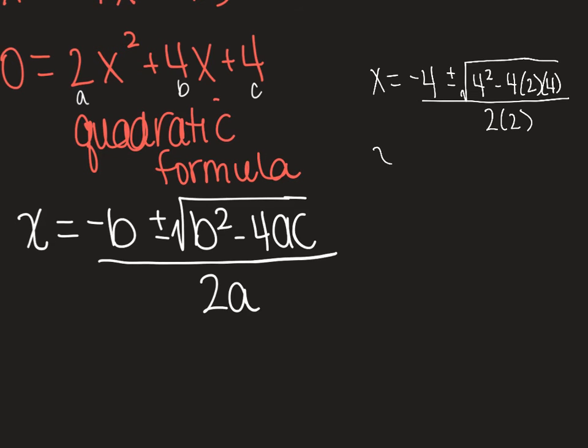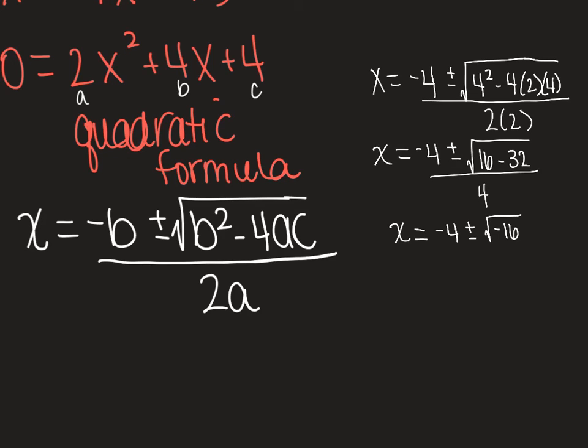Now we'll simplify, starting from the inside out. So 4 squared is 16, minus 32, all over 4. So we have x equals negative 4 plus or minus the square root of negative 16 over 4.